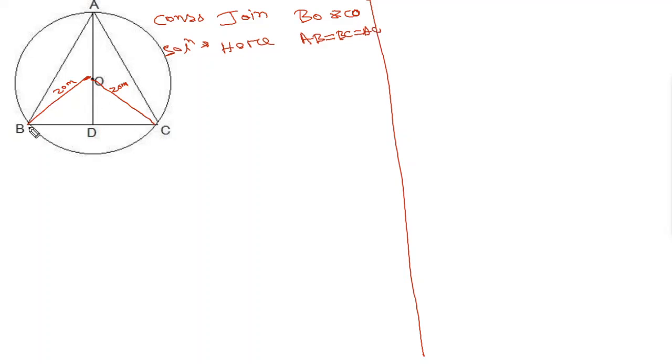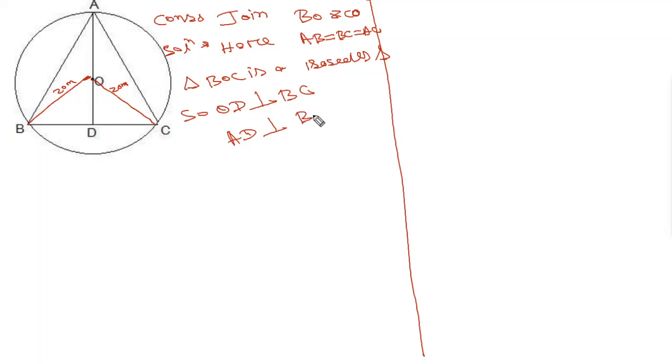Again triangle BOC is an isosceles triangle, as BO equal to CO equal to 20 meter, so we can say OD is perpendicular to BC and AD is perpendicular to BC.